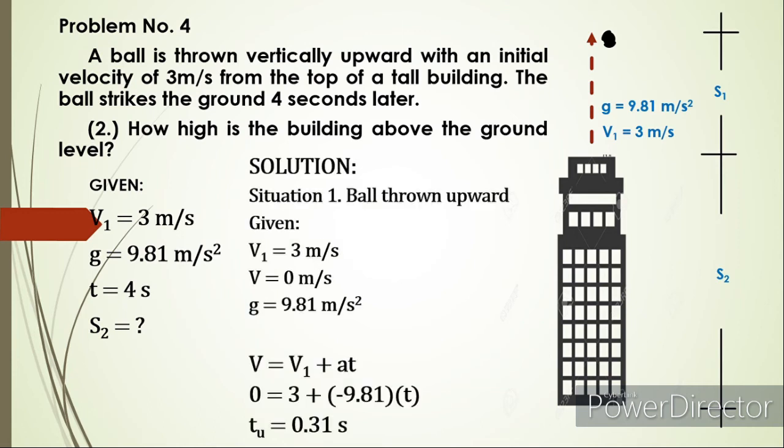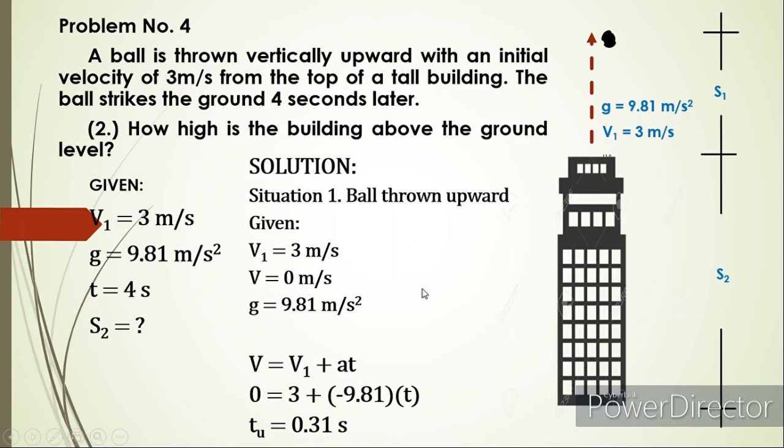Na kung saan, situation number 1 is the ball thrown upward. Nung hinagis natin yung bola pataas, syempre merong time na na-consume yun. Sa situation number 1, meron tayong separate given na initial velocity ay equal to 3 meters per second, then final velocity is equal to 0 meters per second, then g is equal to 9.81 meters per square second.